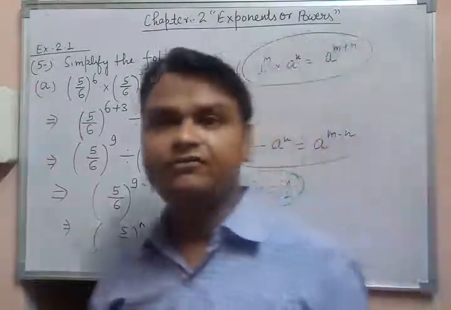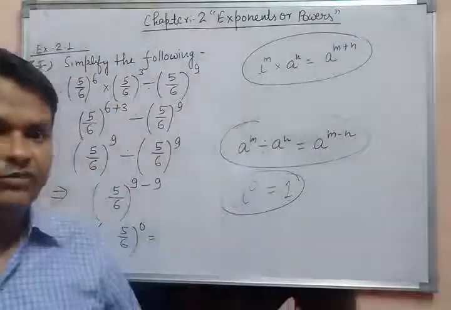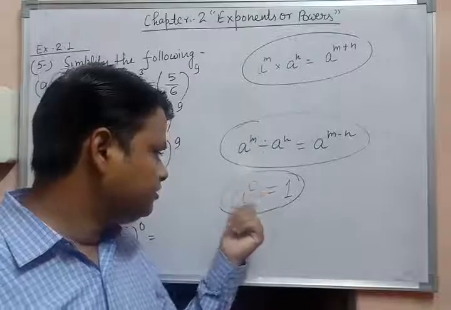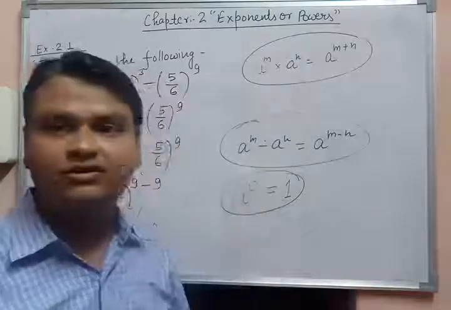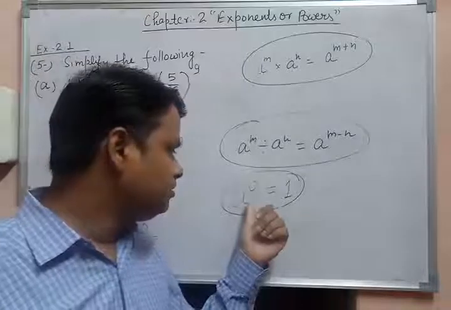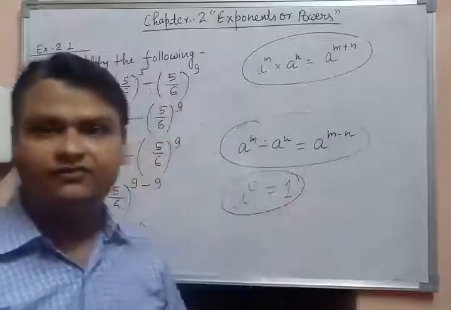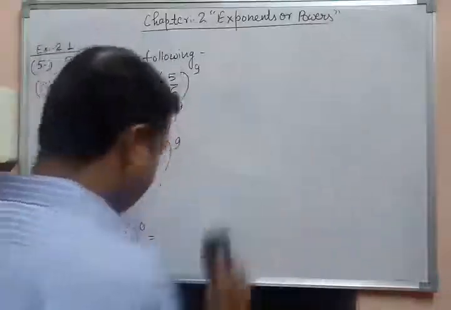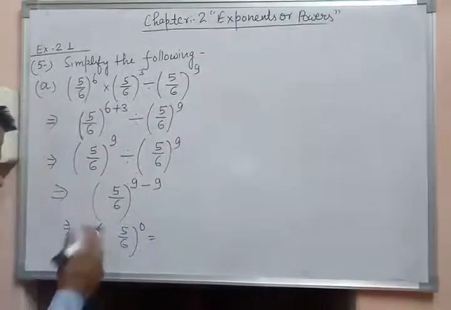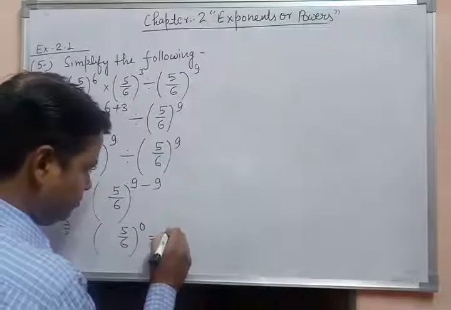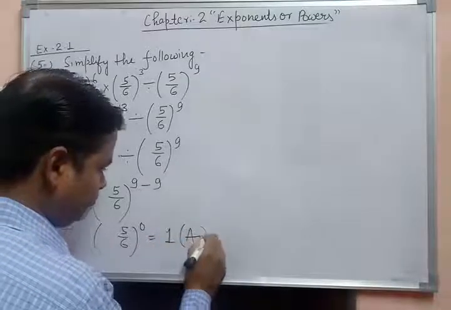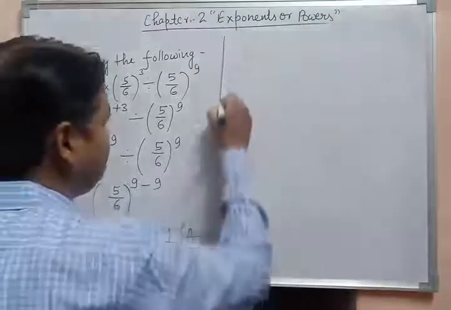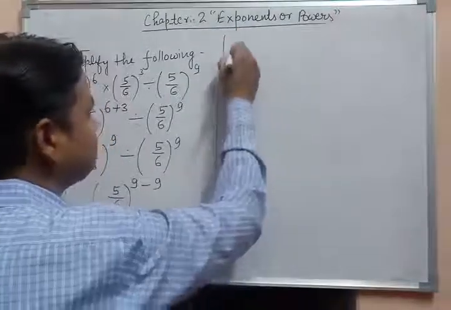I proved this in the previous video: every non-zero integer to the power 0 is always 1. So the answer of this is 1. So this is the answer.